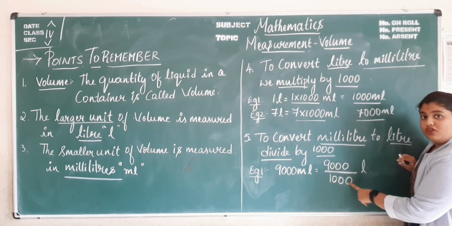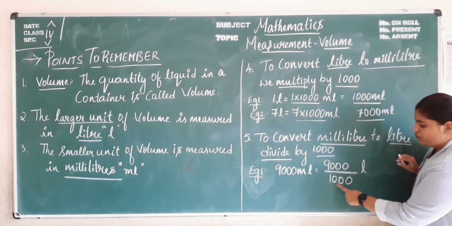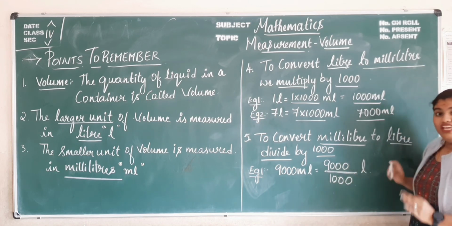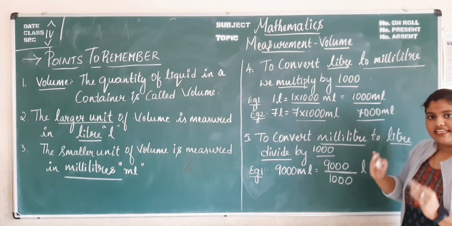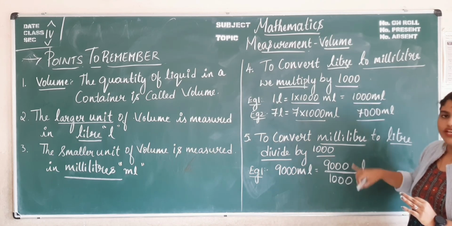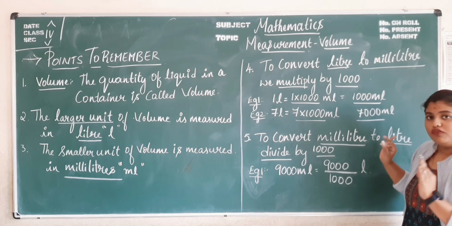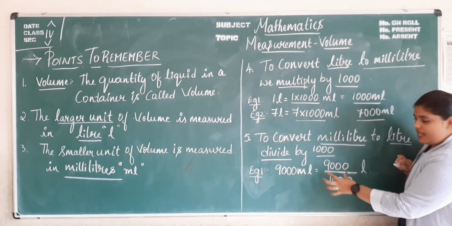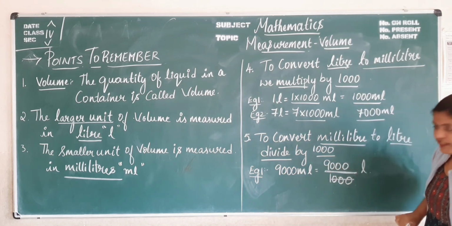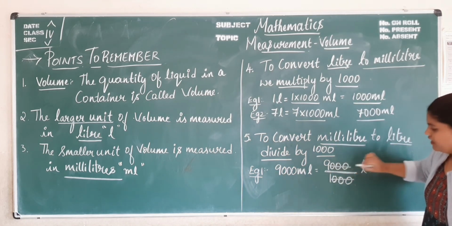How many zeros are there in the denominator? 1, 2, 3. How many zeros are there in the numerator? 1, 2, 3. So I can cancel an equal number of zeros in both the denominator and numerator. So I will cancel 3 zeros in the denominator and 3 zeros in the numerator.